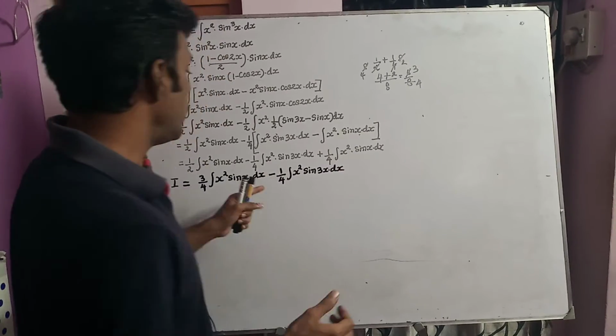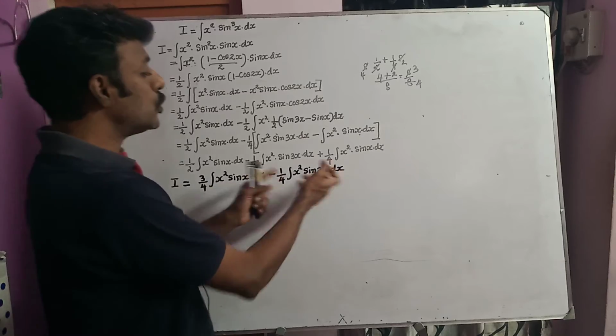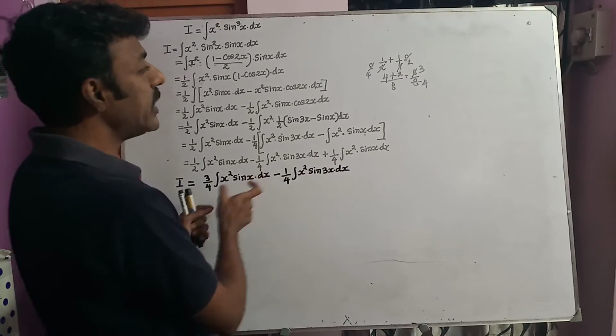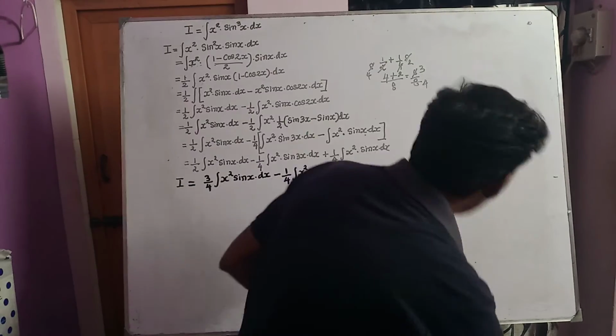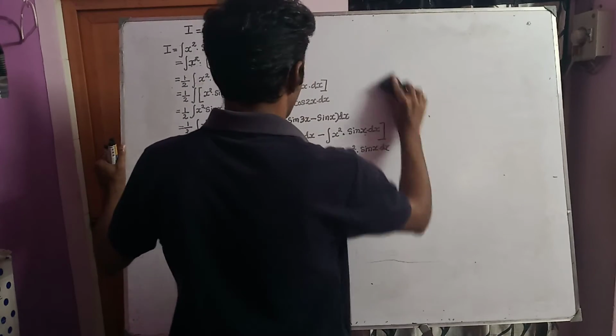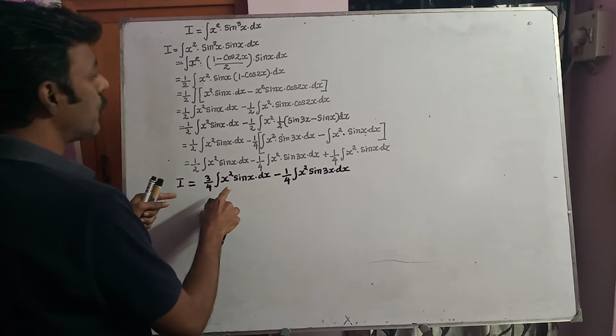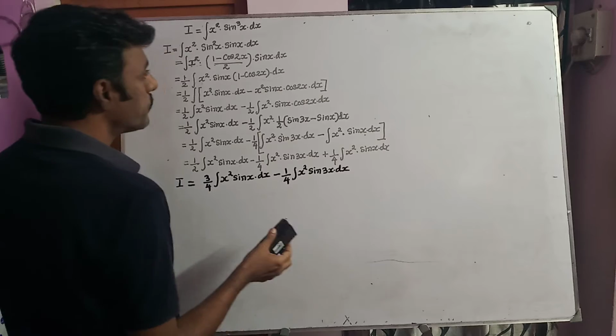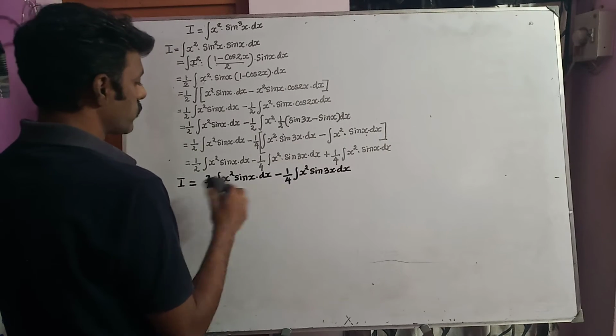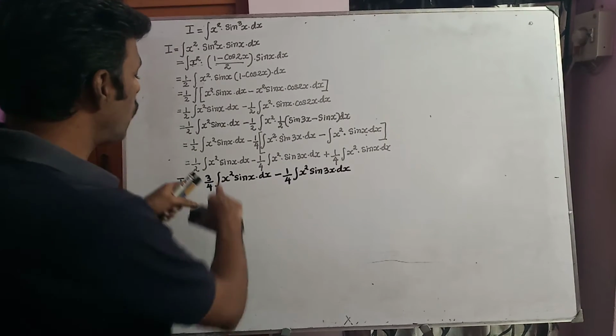Now we need to do integration by parts separately for each integral. So this is the value of I, and I'm going to do the integral for this portion.